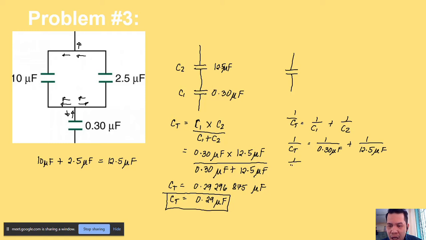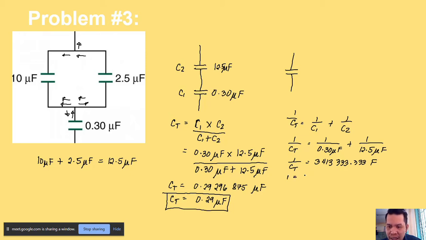So, let's perform the expression on the right-hand side of our equation. 1 divided by 0.30 microfarad plus 1 divided by 12.5 microfarad. That is 3,413,333.333 farad. So, cross multiplication lang po tayo.